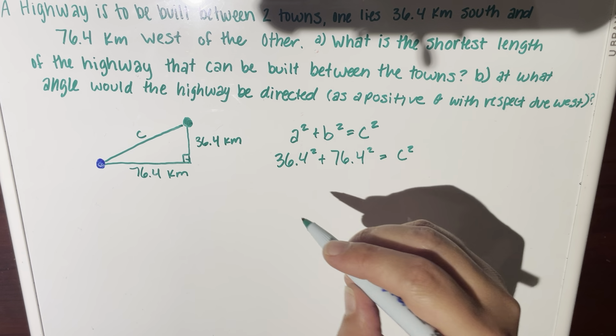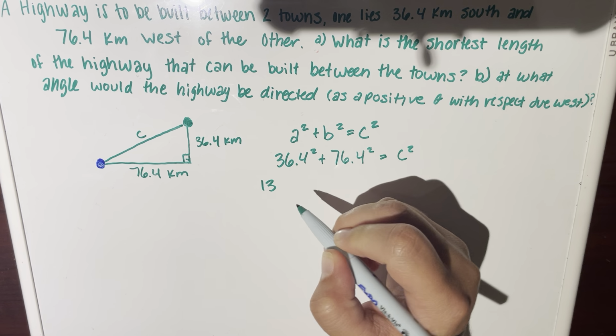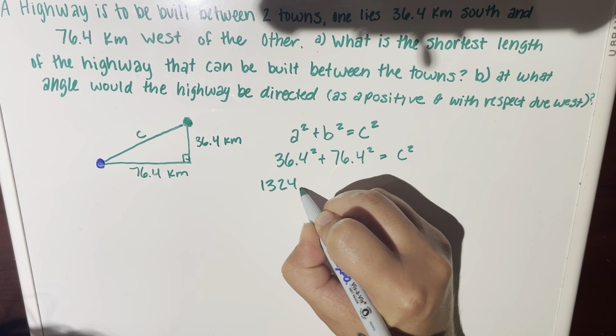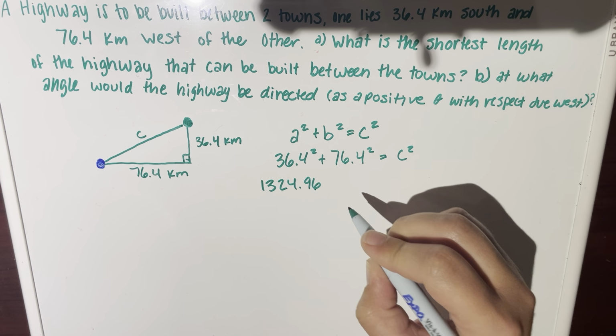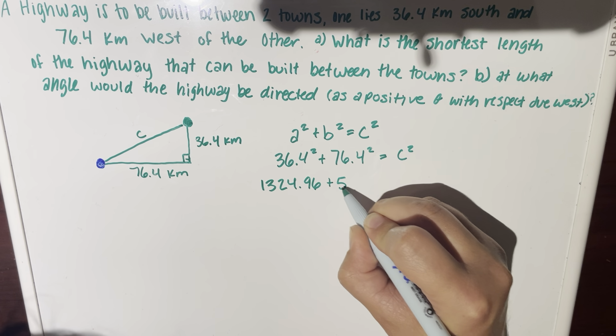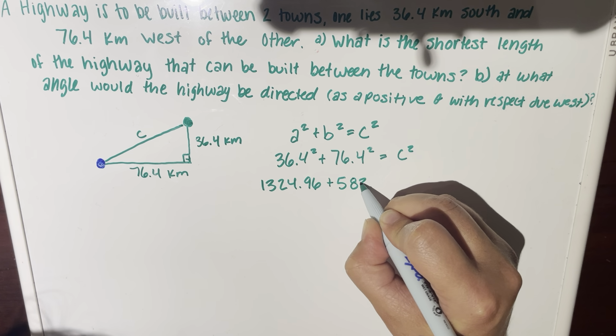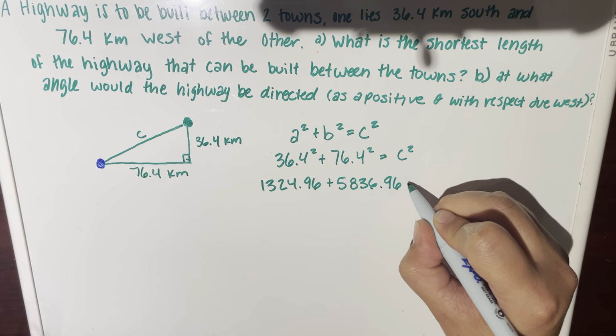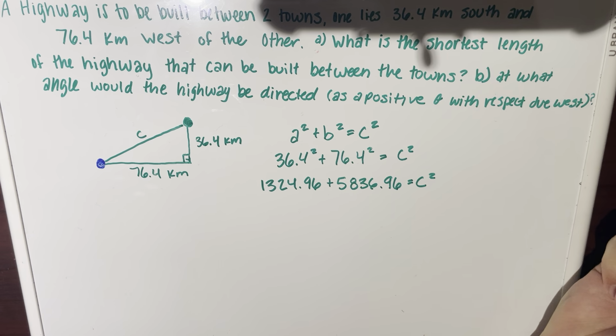After doing the math on those, we get 1,324.96 plus 5,836.96 is equal to c squared.